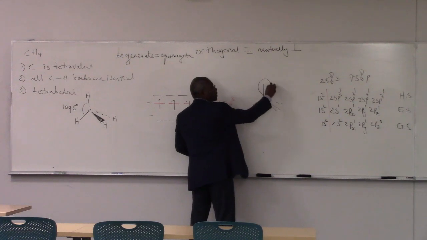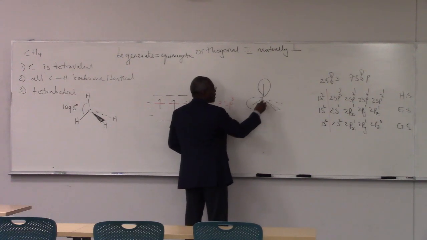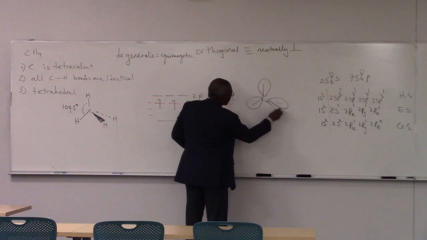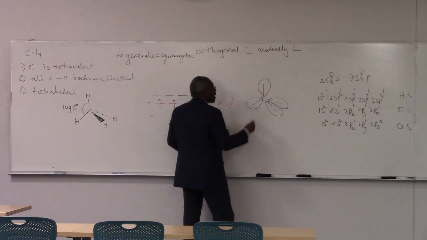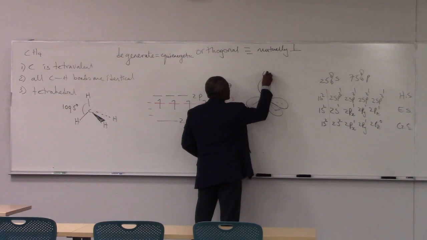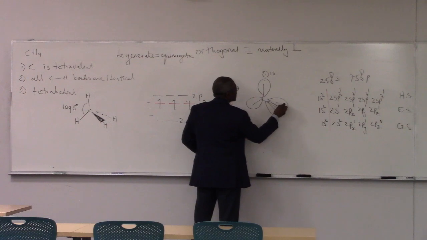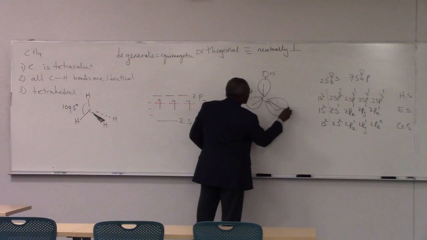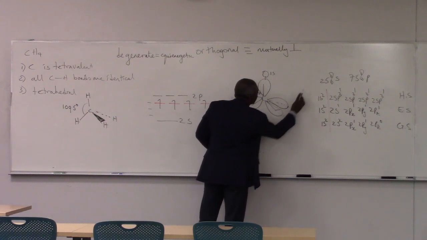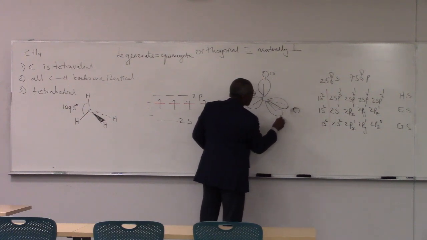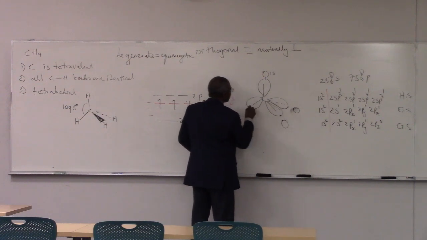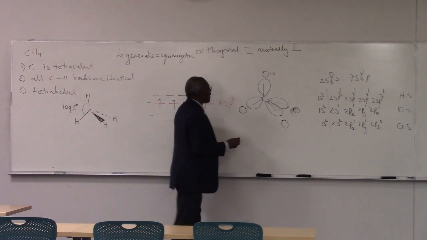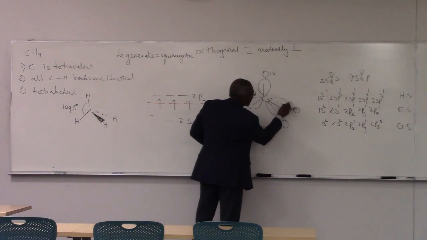So here is the bonding lobe, and then I've got another one here, and another one here, and another one coming out of the board. And now what happens is that the 1s of a hydrogen with its 1 electron comes and bonds with the sp3 of the carbon, and they approach each other in an end-on fashion.